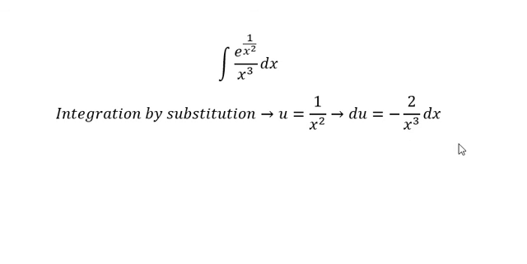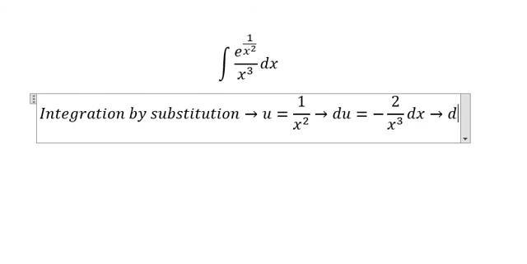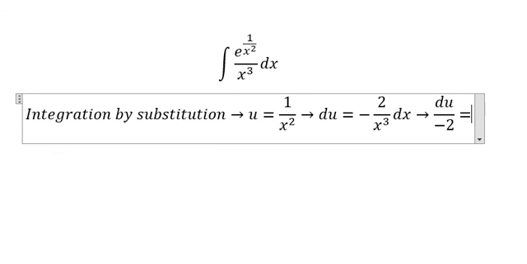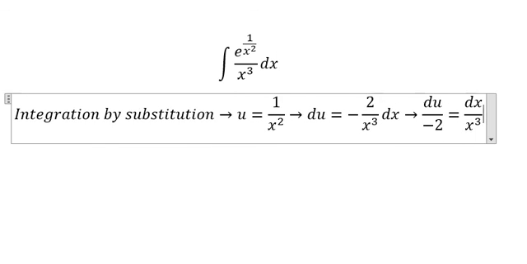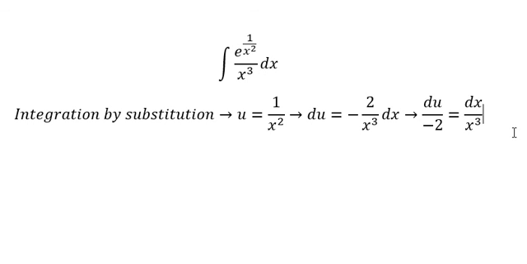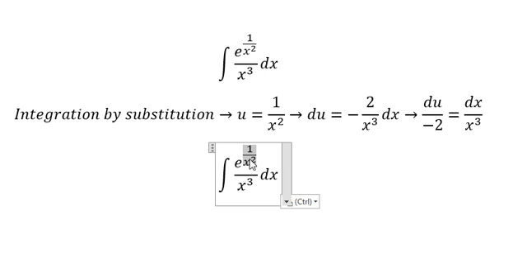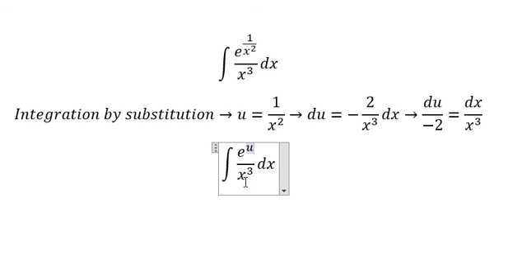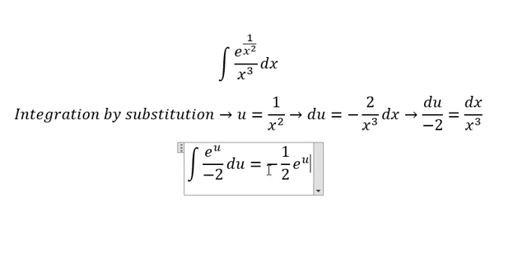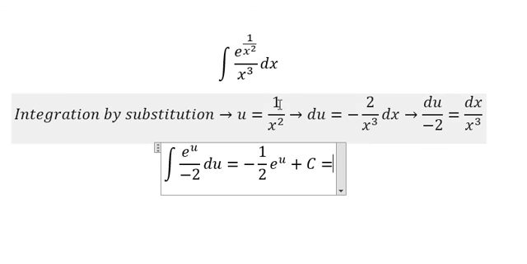Next, because we don't have negative number 2 in here, we divide both sides by negative number 2. So this one we change for u. ds over s to the power of 3 we change for du over negative number 2. And we get a final answer. About u, that's this one.